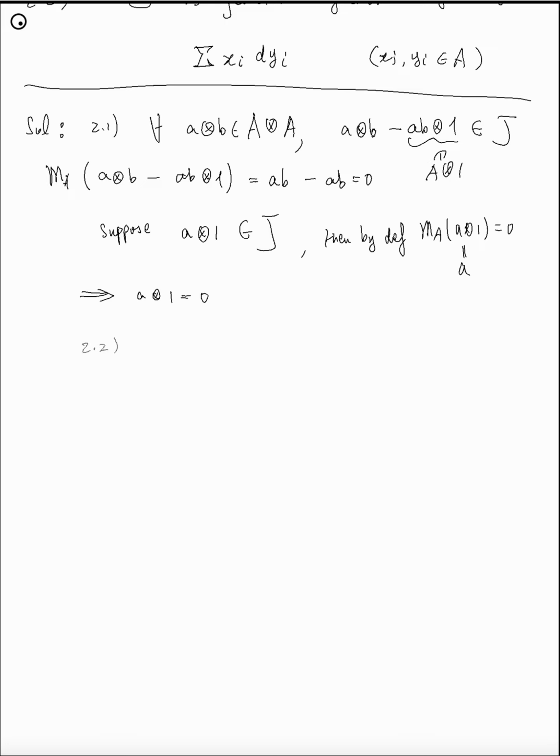Before we prove 2.2, let's put remark. Firstly, by the decomposition, we have A tensor A quotient J squared equals A tensor 1 plus J, and then quotient J squared.